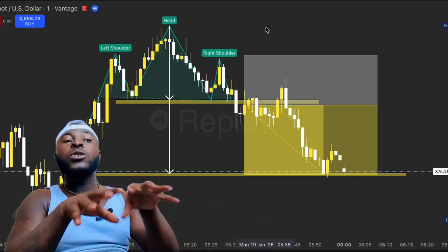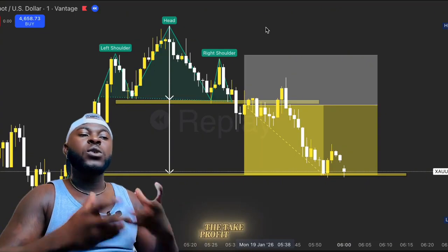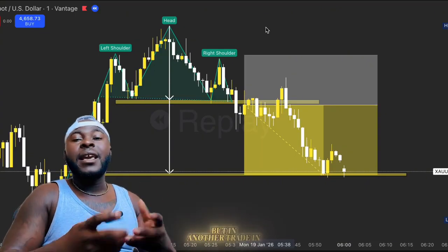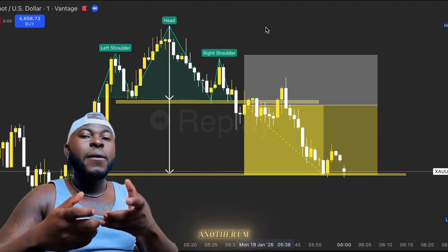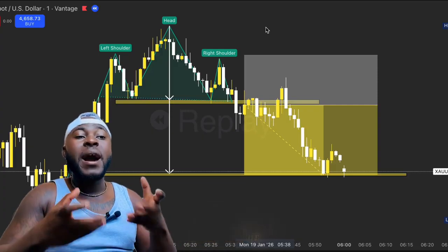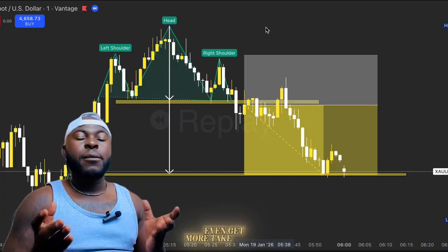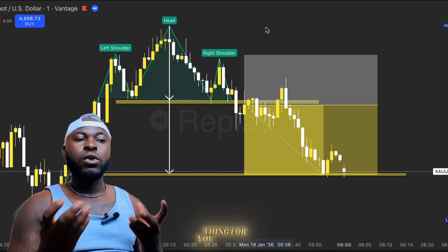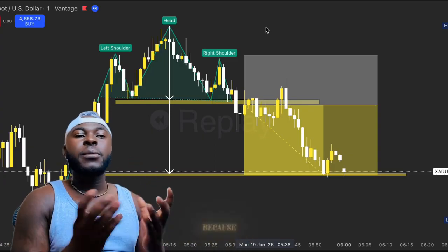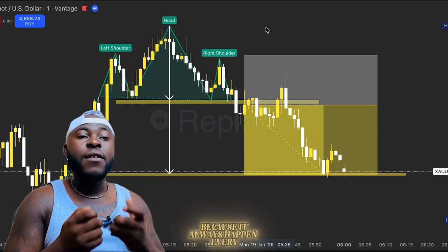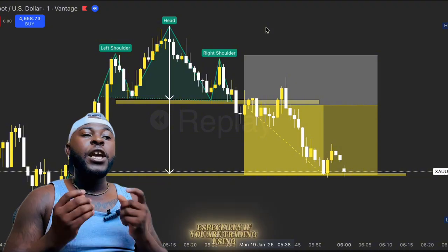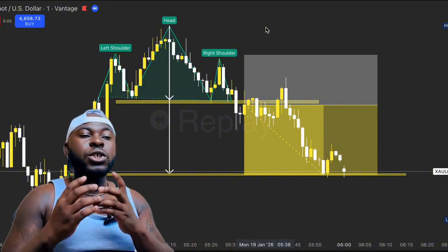So as you can see, this one here, the take profit was small, but in another trade, you might even get more take profit. So it's a good thing for you to know how to trade it, because it happens every time in the market, especially if you are trading using trend.